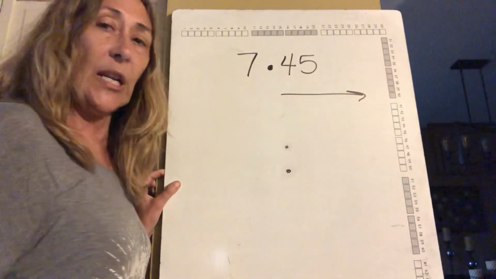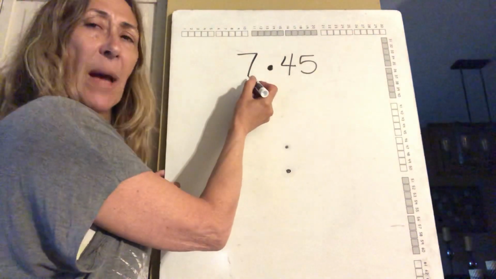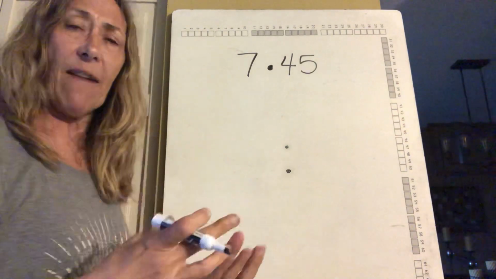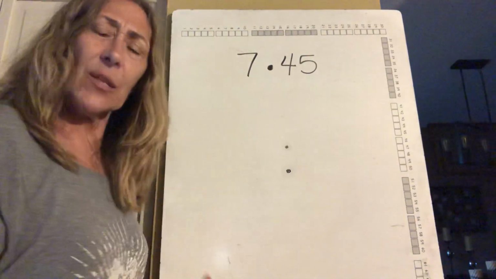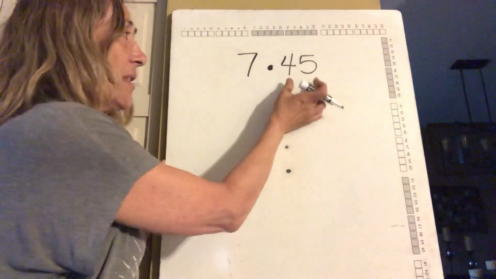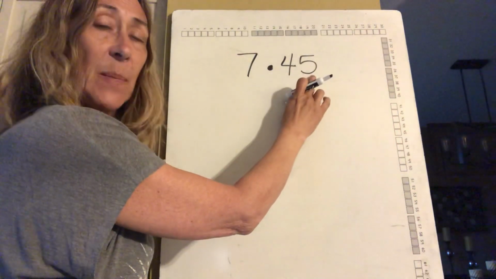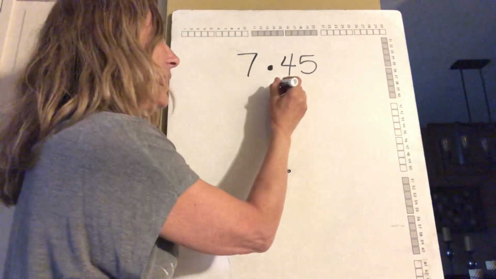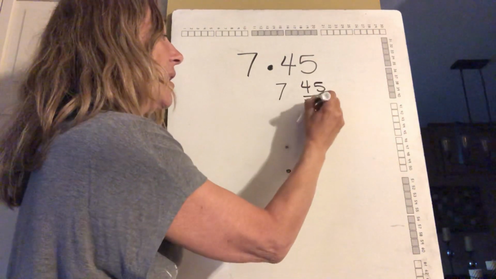If I were to read this number, I would say my whole numbers first, which is 7. That's 7 wholes. And when we have the decimal, that's when we say and. So it's 7 and, then I read this. This is 45, and it happens to be in the 100th place. So this is 7 and 45/100ths.